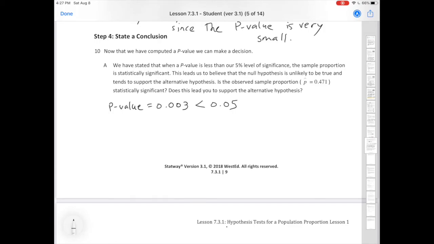Even if it were 0.03, it would still be small, but this one is really small, so it definitely works, right? So this means, yes, p hat equals 0.471 is statistically significant.